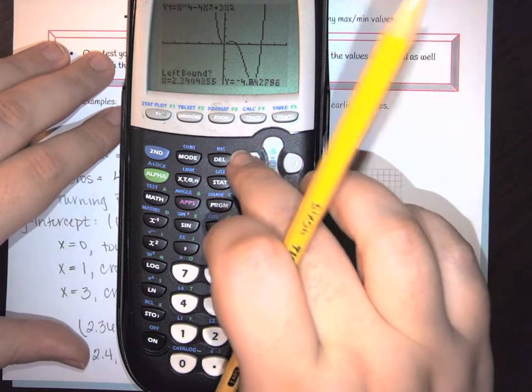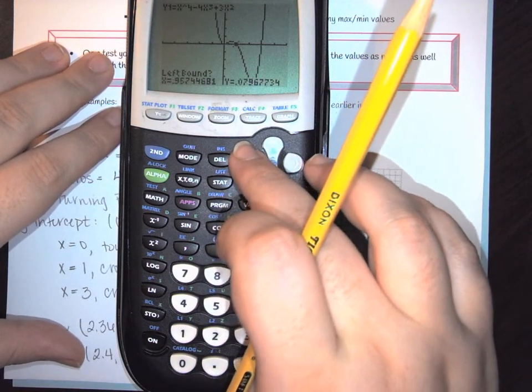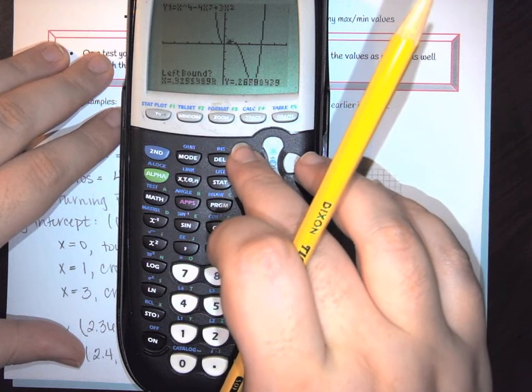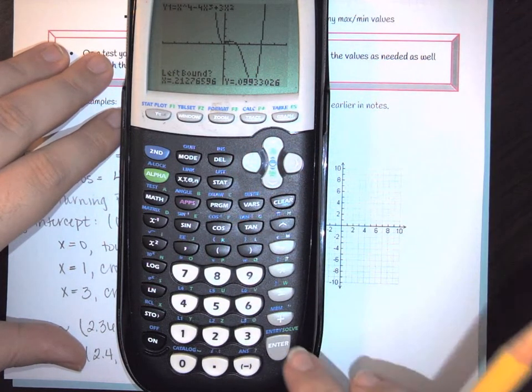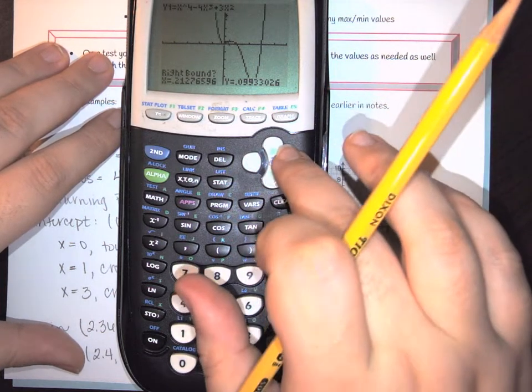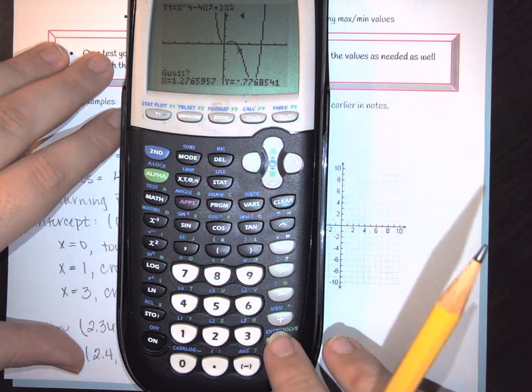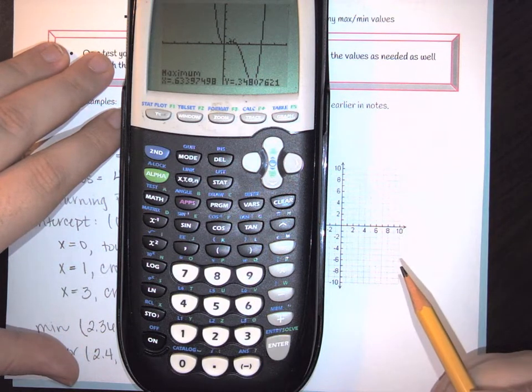Again, we want the left bound, so we're going to move our little blinking cursor up, and we're going to go to the left hand side of that maximum point, and then cursor over to the right hand side, and then we're going to go ahead and do the guess.